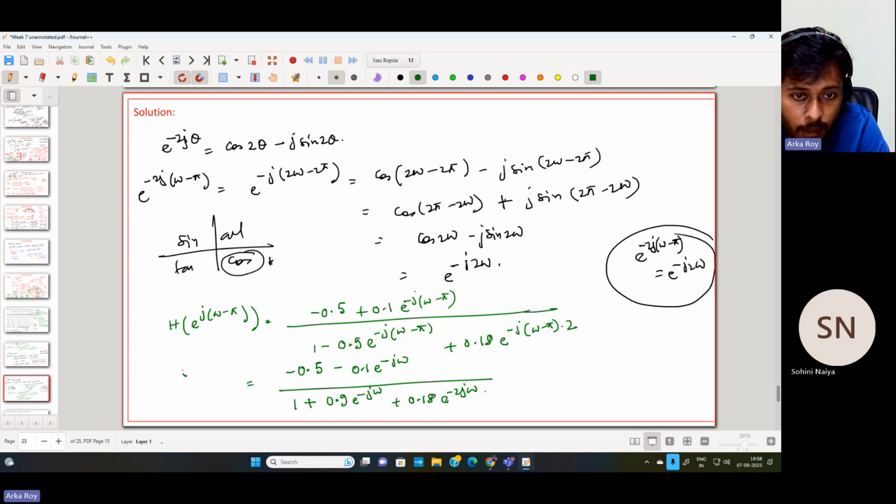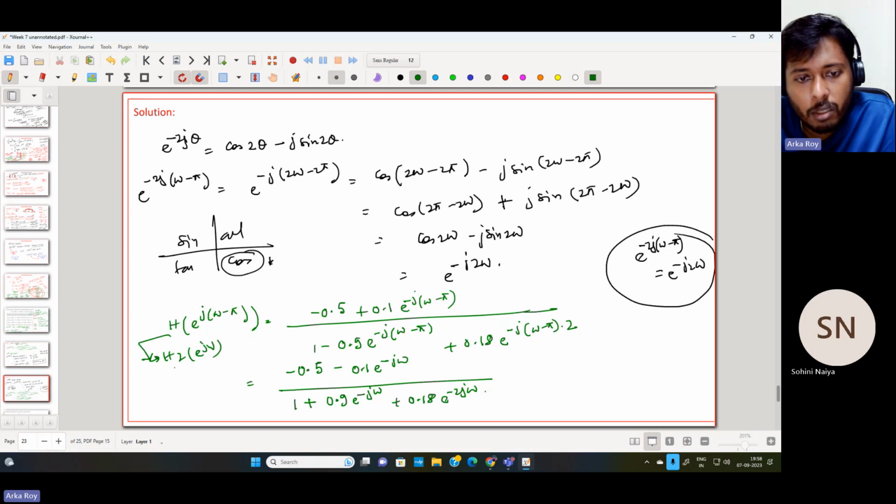And I can write it as H2 e to the power j omega. Considering I'm getting some different H, this is H2 e to the power j omega.